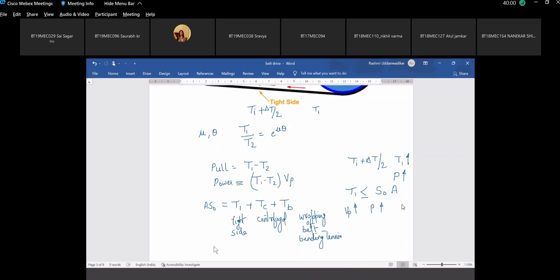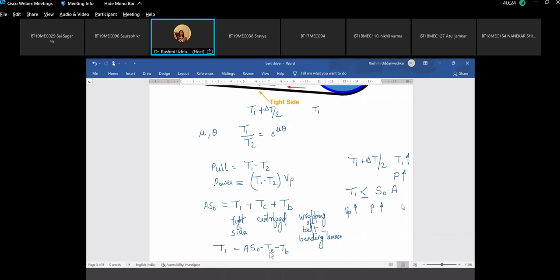So the maximum tight side tension T1 is limited to A S naught minus TC minus TB. So if you want to increase T1, either you have to increase S naught of the material, or you select a material such that it is strong enough.